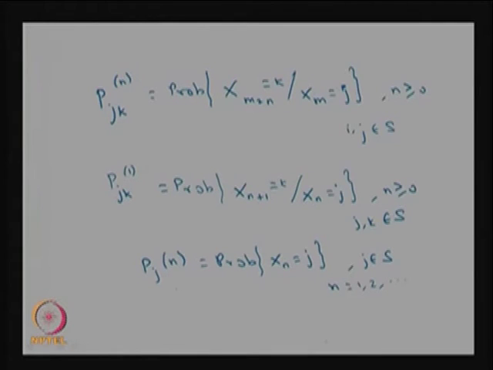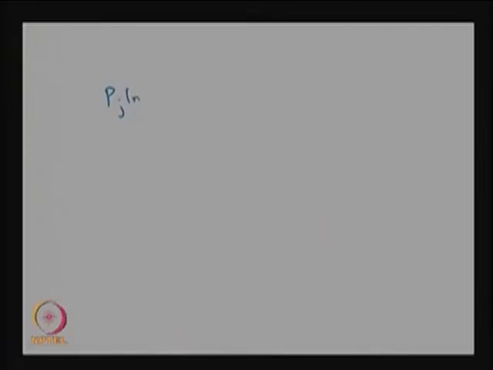This distribution can be written as p_j(n), which is the summation over i belonging to S of the probability that the system was in state i at the 0th step, multiplied by the probability that it will be in state j given that it was in state i at the 0th step.